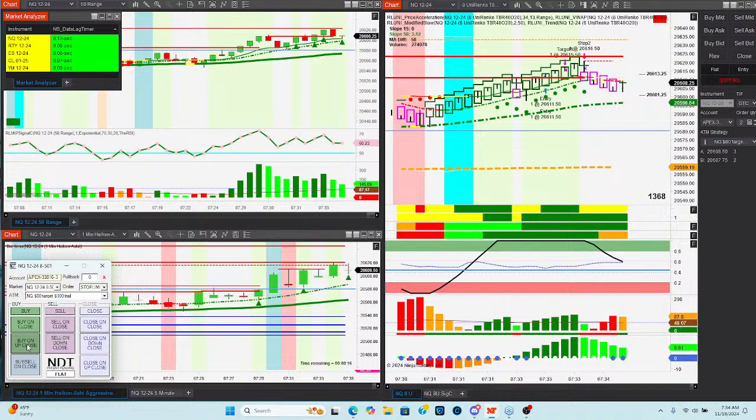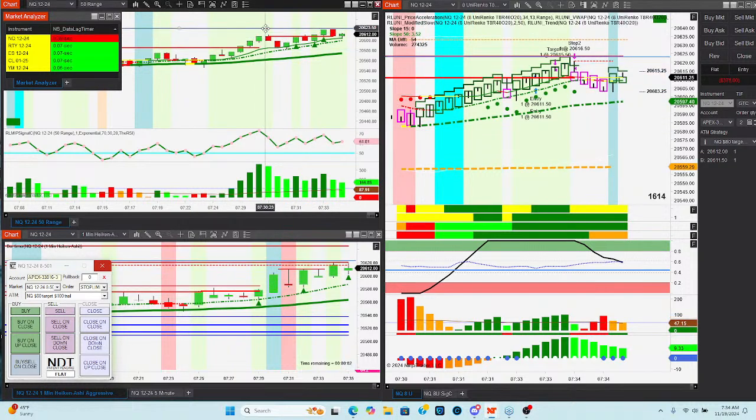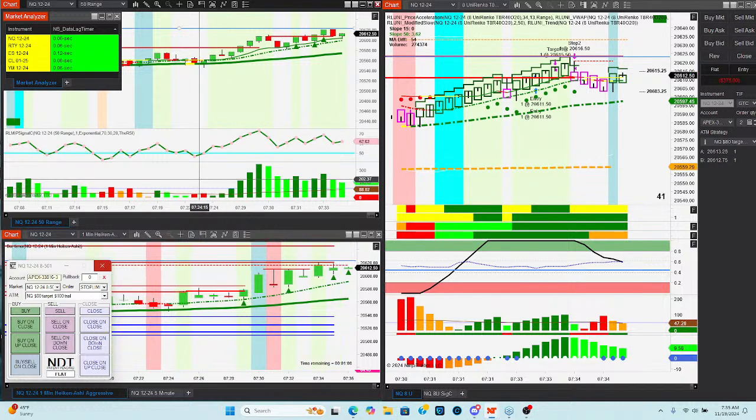Okay. Wow, definitely not like pre-market today, I can tell you that. Okay, now this is the open, this little orange line.